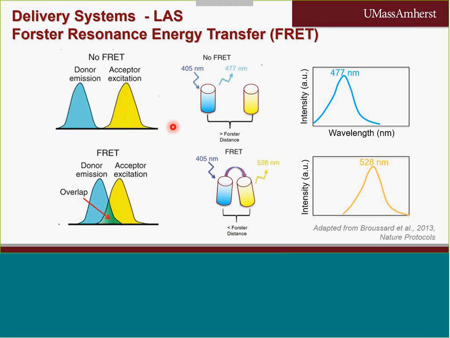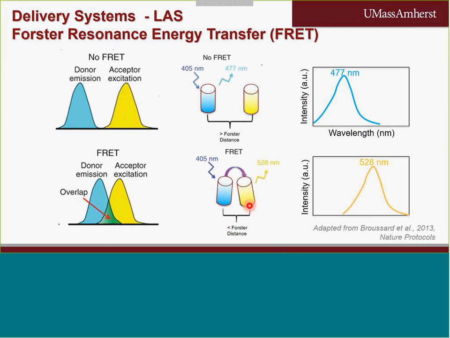So if they are far away, you see the emission from the donor. However, when they come close together, the donor transfers the energy to the acceptor. The acceptor excites and emits.